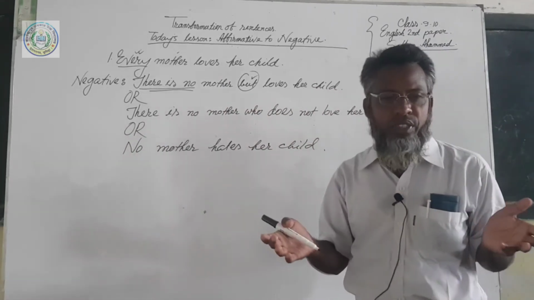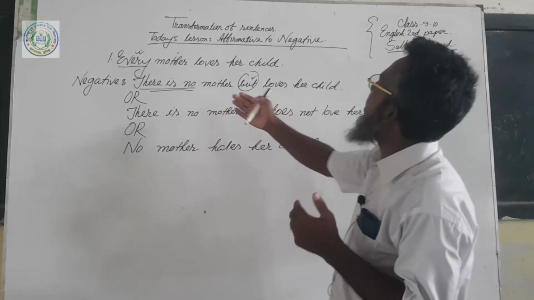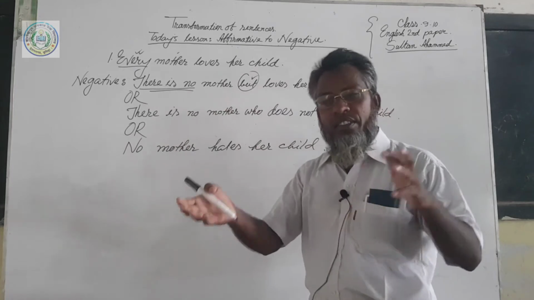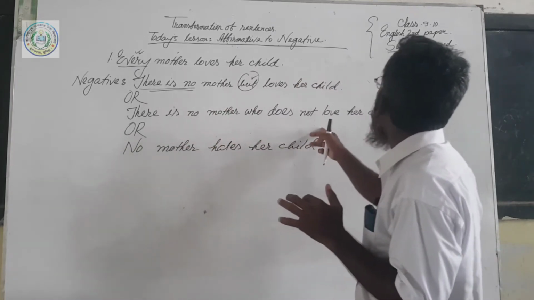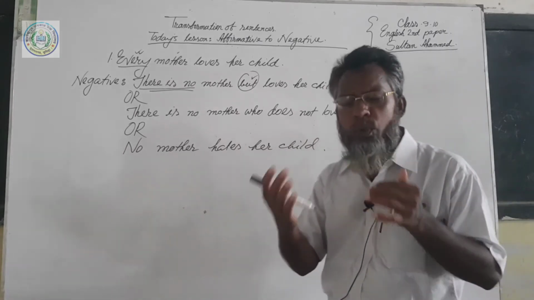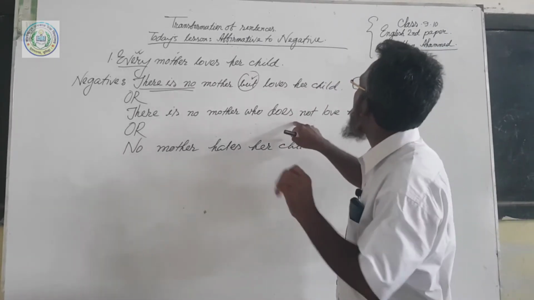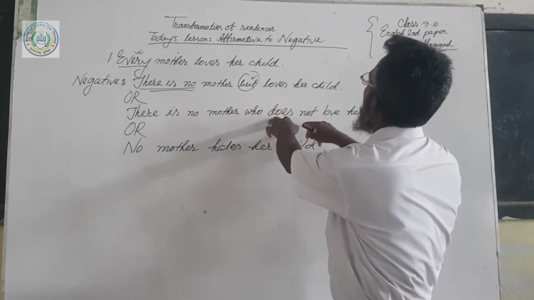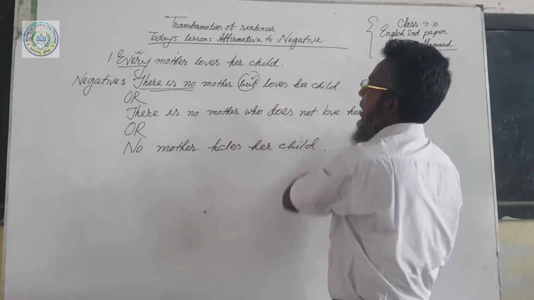If you don't want to change this way, you will change another way: there is no mother who does not love her child. This is also a difficult technique. You have to know how to make the negative, or remedy the rest of the sentence.